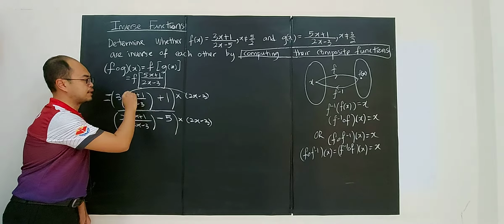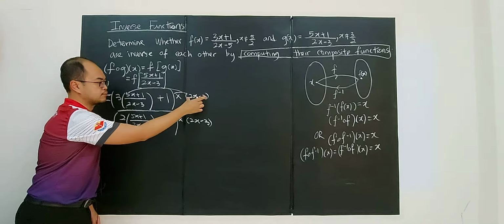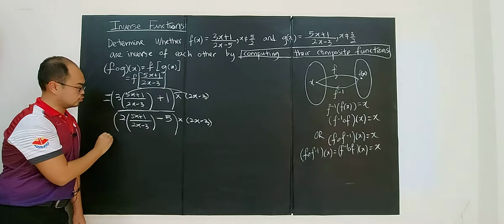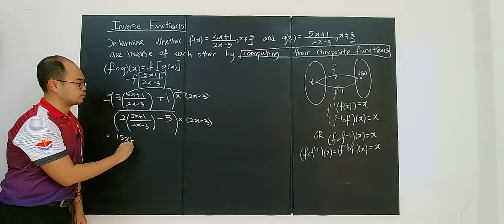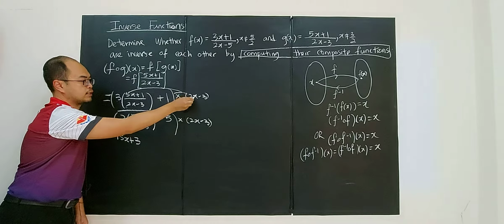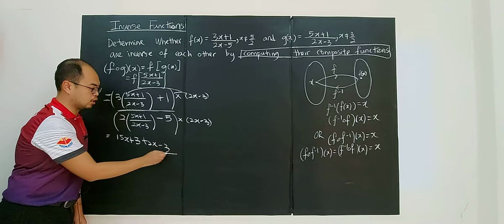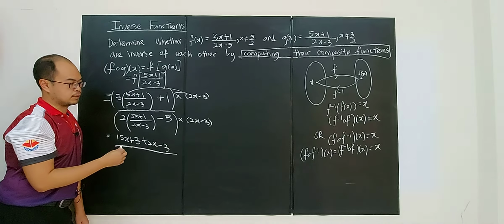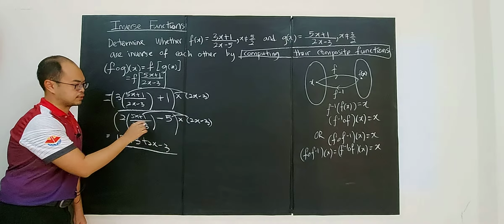If you see carefully, 2x - 3 and 2x - 3 will cancel off. So on top you will have 3 times 5, 15x plus 3, and at the bottom you have 2x - 3. It's a lot easier, you skip most of the steps if you multiply by 2x - 3.